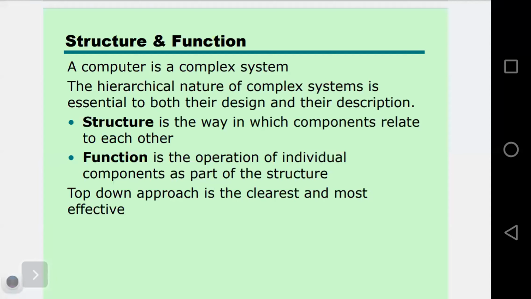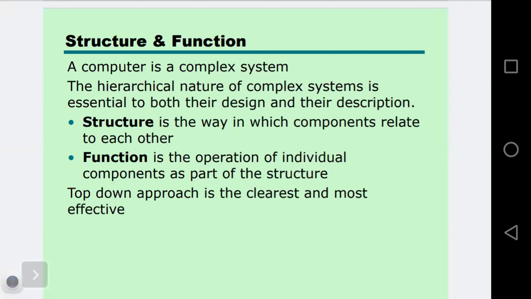Now we'll see what is a structure and what is a function. Come to our main topic, that is structure. What is a structure? Structure is the way in which components relate to each other. So simple. Building structure means how many rooms are there and how these rooms are connected with each other. That is a building structure.